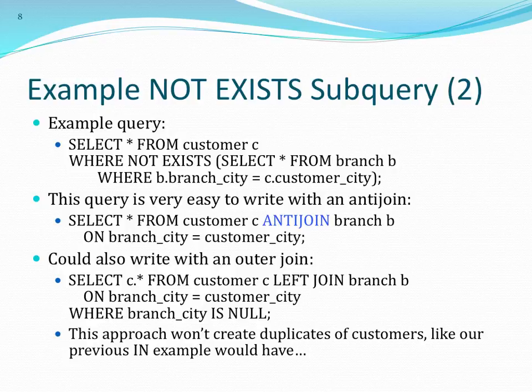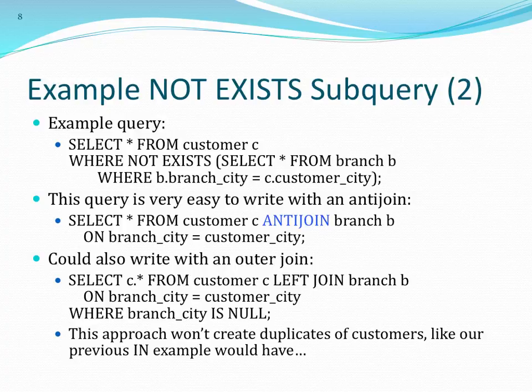Each customer row, that customer's row would be duplicated 10 times. So we can see that the third query would actually generate more intermediate rows that have to be considered and discarded than the second version would. So lots of benefits from using anti-join as opposed to outer joins. Okay? Now there may be other reasons why we would want to do this with an outer join, but we'll start exploring some of those things when we get to planning and optimization.